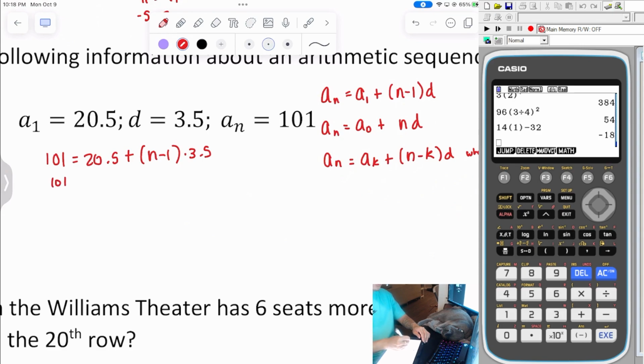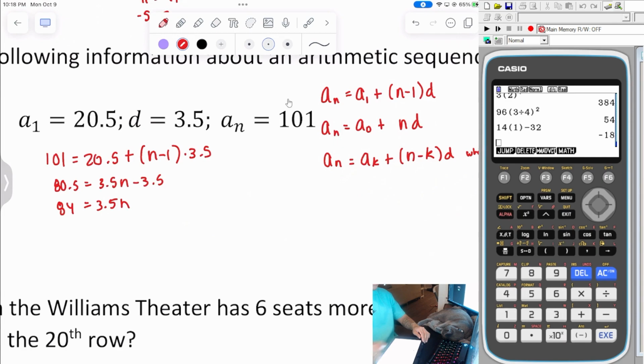So I get 101. Let's just subtract 20.5 now. So it'll be 80.5 equals 3.5n minus 3.5. And then I would add 3.5 to both sides. This will give me 84 is equal to 3.5n.